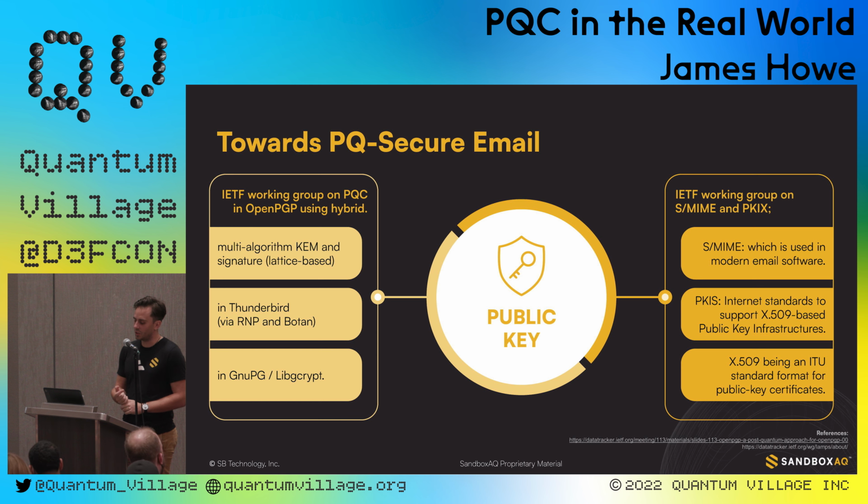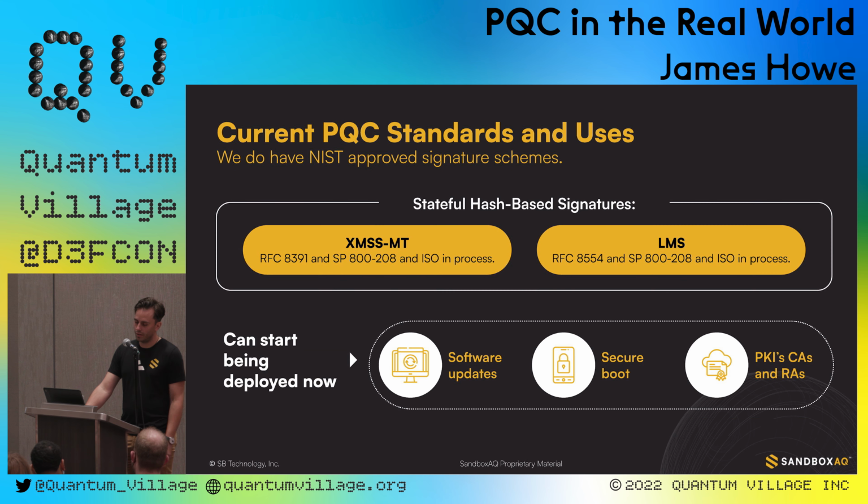There's loads of other standards bodies looking into this as well. The ITU, for example. And we're integrating this into things like Thunderbird as well, so that's kind of cool. X.509. So yeah, there's lots of stuff going on here. And yeah, as I said, the stateful hash-based signatures are a standard, so we can begin to use these.